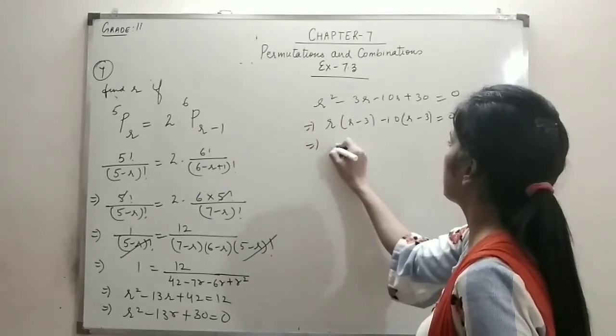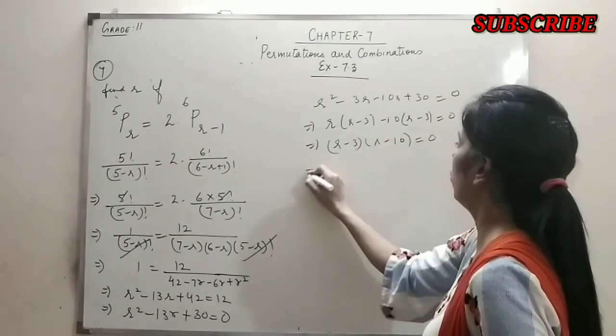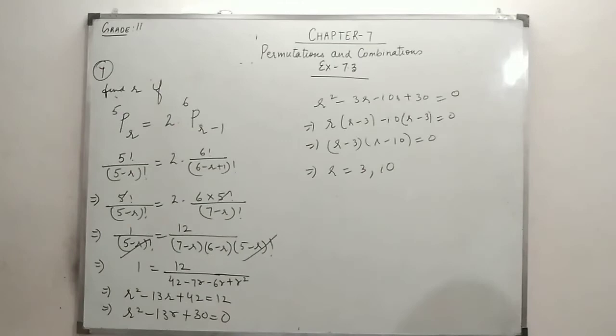This implies (r minus 3)(r minus 10) equals 0. This implies r equals 3 or 10.